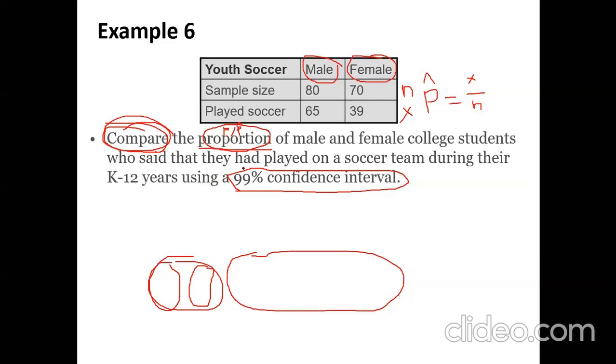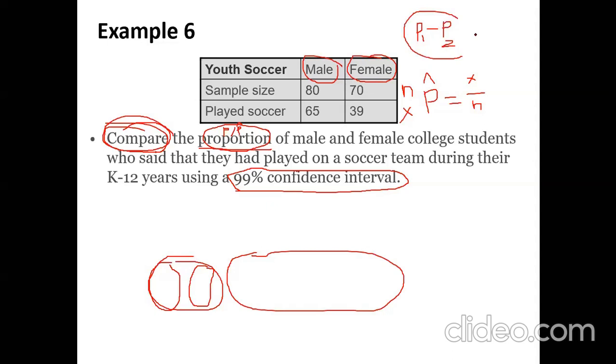Again, they give you the value of the confidence interval, so it must refer to interval estimator. About comparison, they talk about comparison of two groups, so it must refer to either formula 3 or 4, and then they talk about proportions, so it must refer to the P1 minus P2 interval estimator formula.